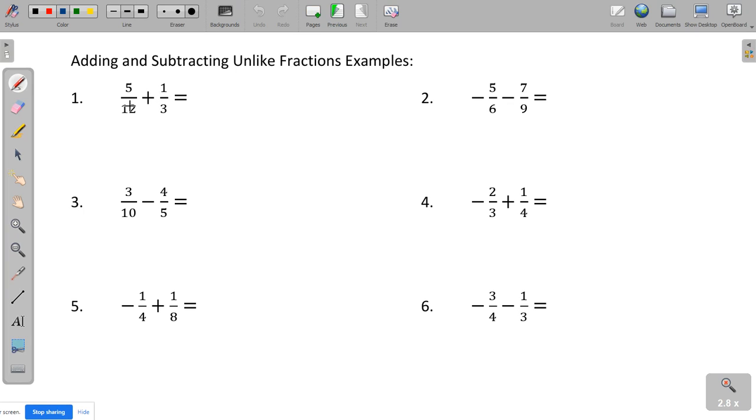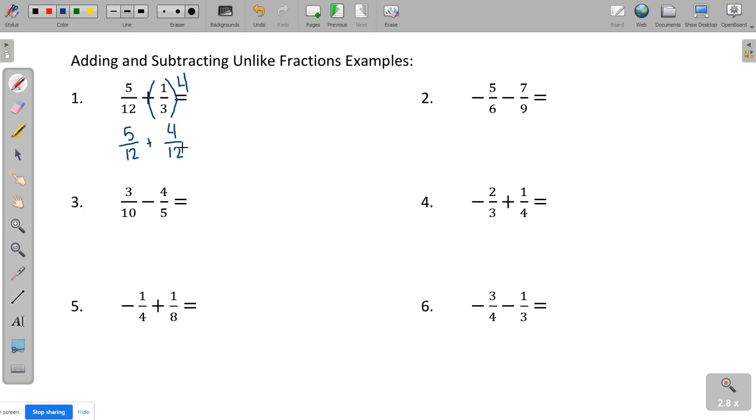Since 3 is smaller than 12, is there a way we can get 3 to equal 12 by multiplication? We can. We can multiply this whole thing by 4, as 4 times 3 gives us our 12. So we still have 5/12, and we're adding it to 4 times 1 is 4, over 12.